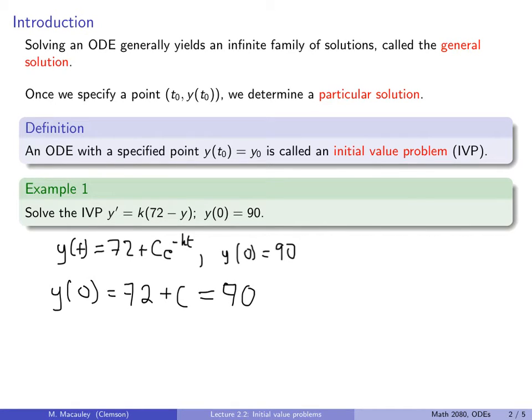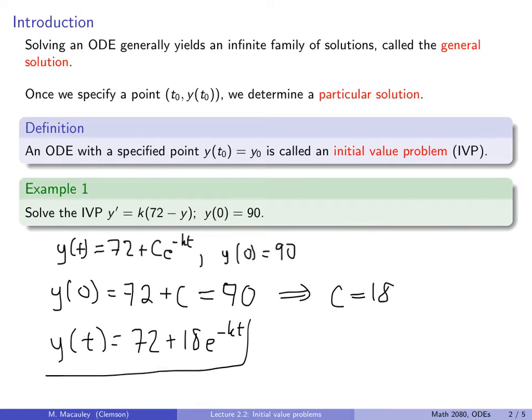Solve for c, and we get c equals 18. And so that means our particular solution, y of t, is 72 plus 18 e to the minus k t.